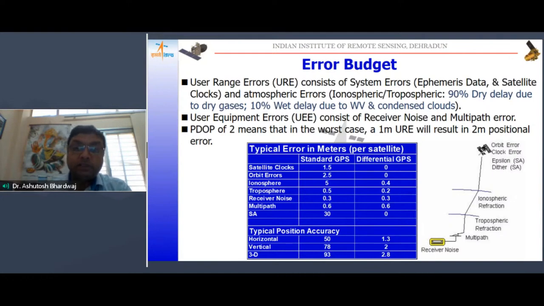One is the phase solution, another is the code solution. The code solution gives us accuracy of the order of a few meters in case of DGPS, whereas if we are using the phase solution, we get the accuracy of the order of millimeters or centimeters. So that is the way these differ.